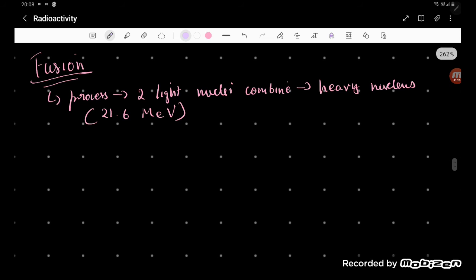Two light nuclei combine to form a heavy nucleus. So here are all the equations that we have.